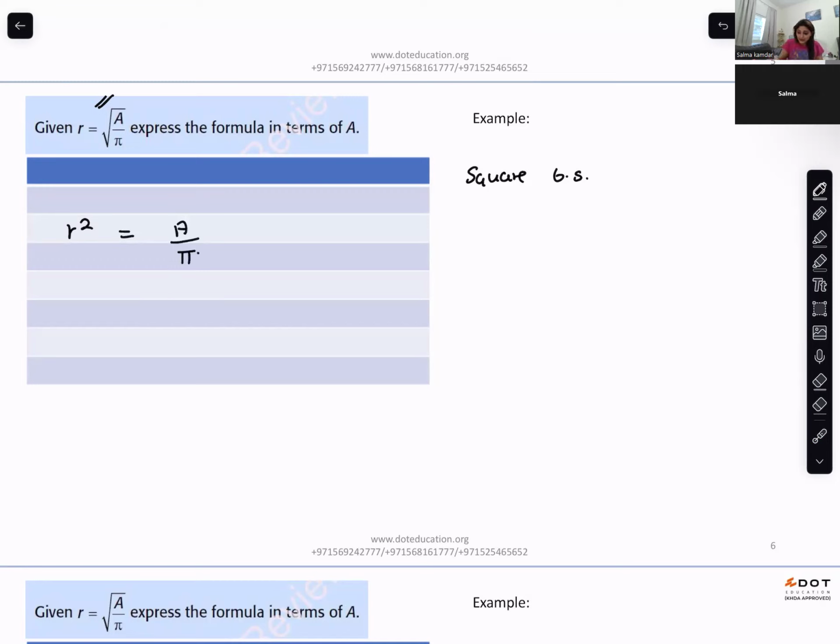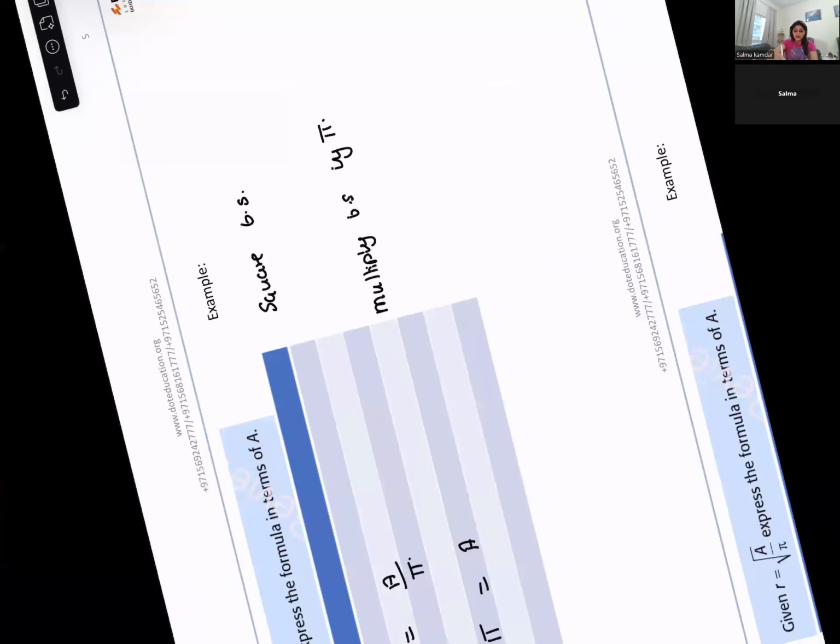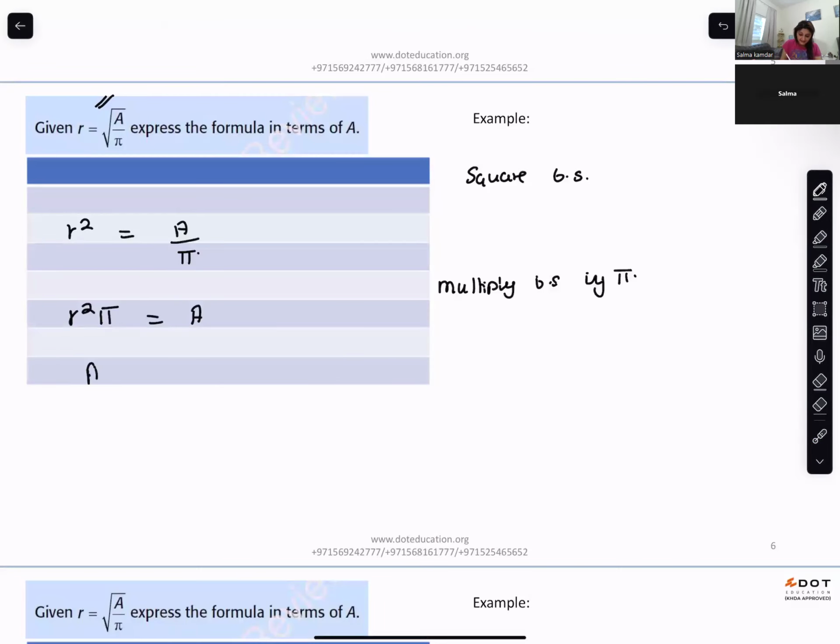Now I want A on one side, so I will multiply both sides by pi. I get R square pi is equal to A. A is the subject, so A should come on the left hand side. So I will get A is equal to pi R square.